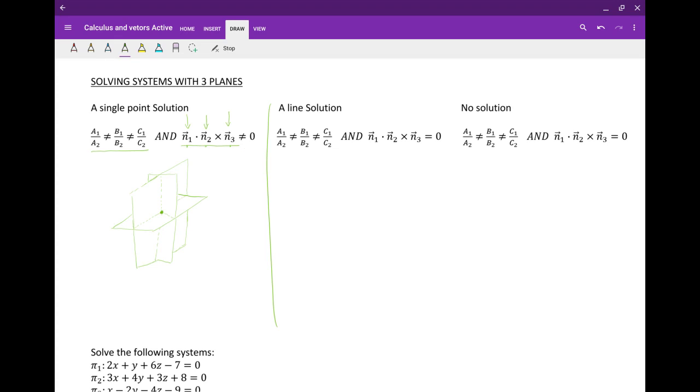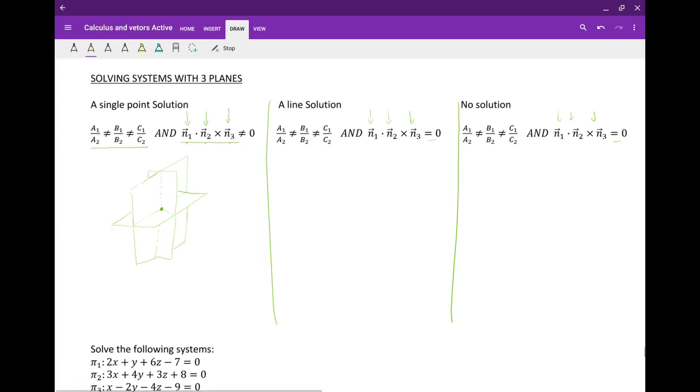In which case I know I have a single point solution. It's very nice, actually, because in the other scenarios, if I take my cross product and my dot product, I actually get a zero, okay? In which case I know I don't have a single point solution, and I'd have a line solution instead, or no solution at all, okay?